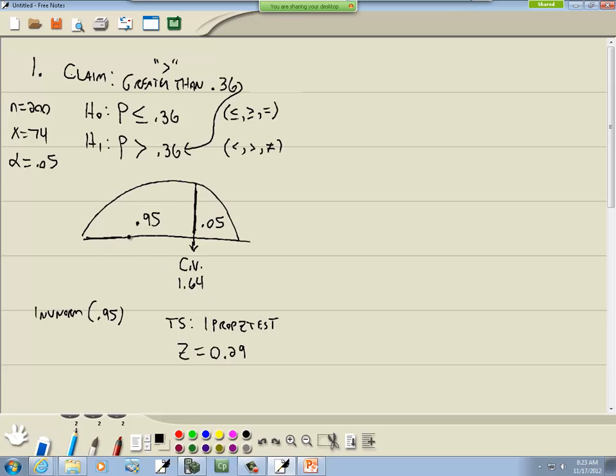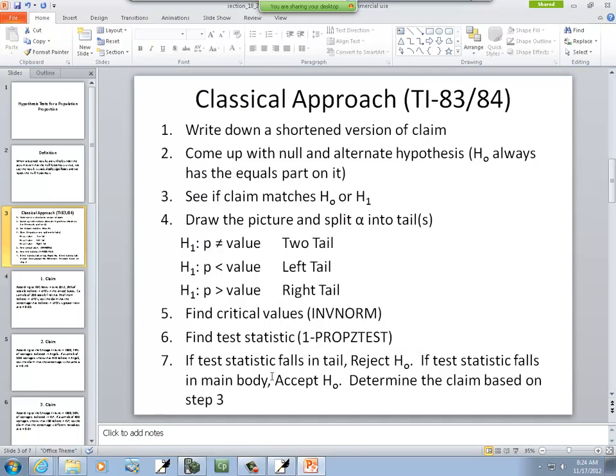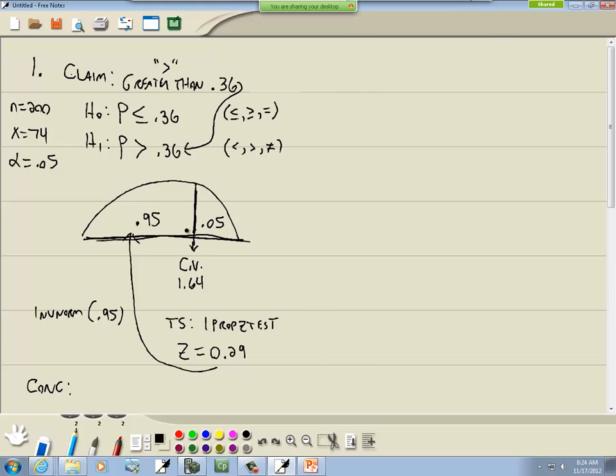Now this is the number line right here. Here's 1.64. So 0.29, if I think where this falls, would fall over here somewhere. So for our conclusion, it says if your test statistic falls in the main body, right here, that means we accept H naught.